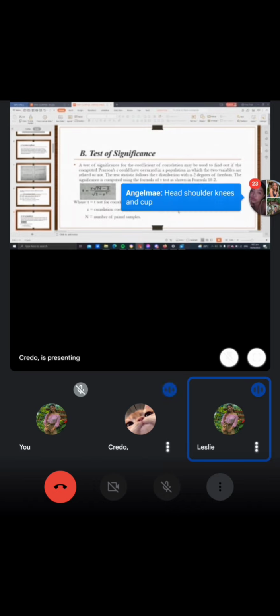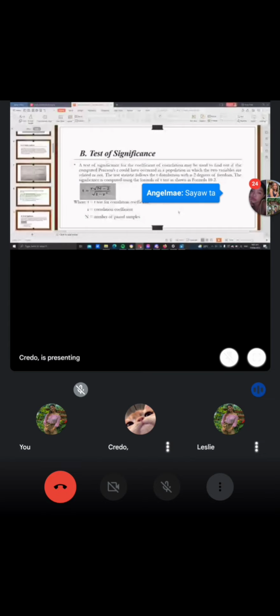The significance is computed using the t-test formula, as shown in formula 10.2: t equals r times the square root of n minus 2, over the square root of 1 minus r squared.